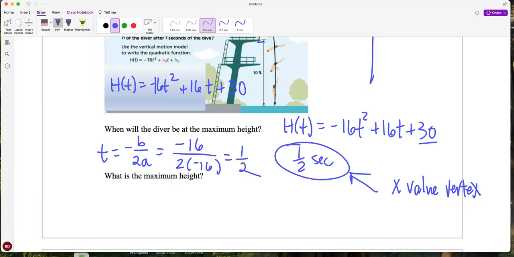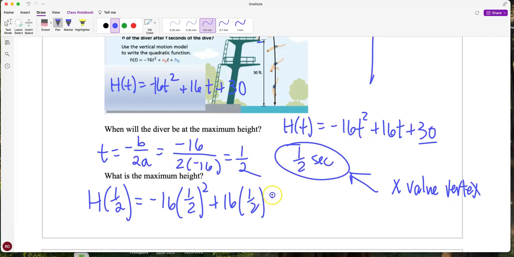If you know the x value, how do you find the y value? All you have to do is just plug that in. So h of 1/2 is going to be negative 16 times 1/2 squared plus 16 times 1/2 plus 30. So that's going to be a 1/4. So negative 16 over 4, this is negative 4 plus 8 plus 30, which is going to be 34 feet.